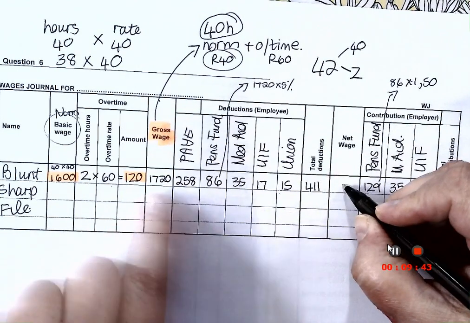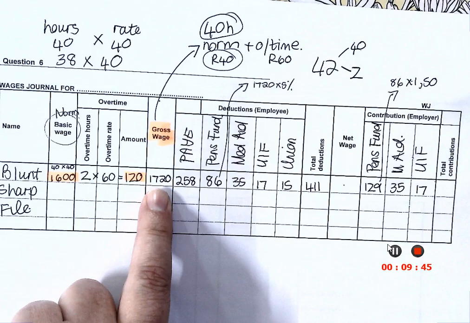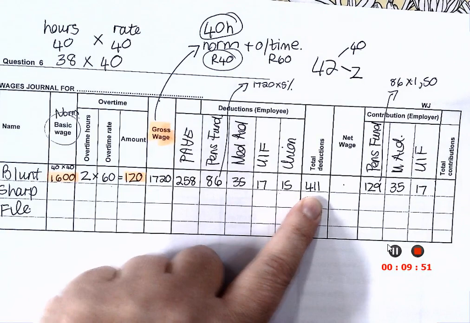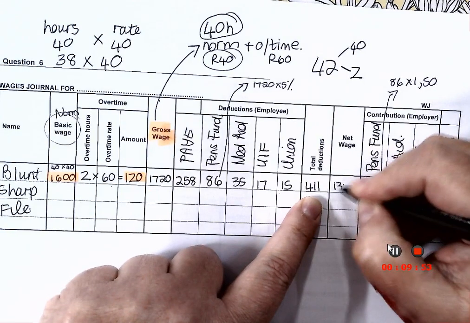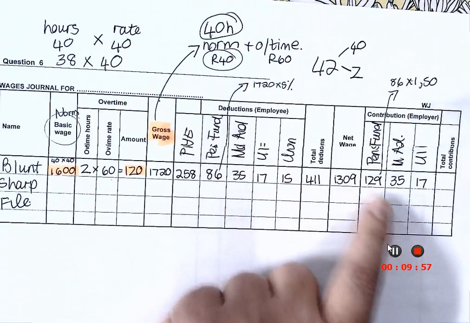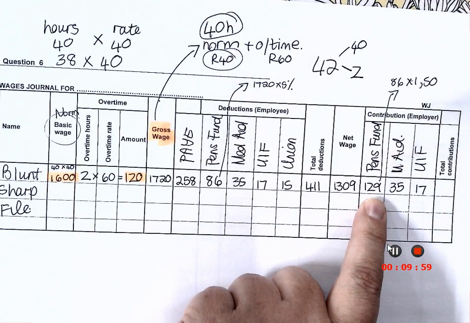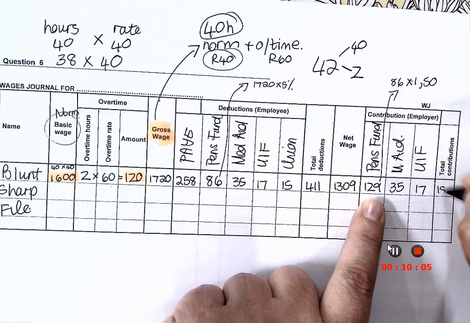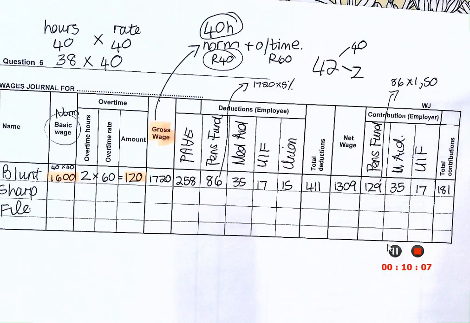The net will be the 1720 less the 411. Gives me 1309. The total contribution is 181. Okay, you're going to finish for me, Sharp and File.